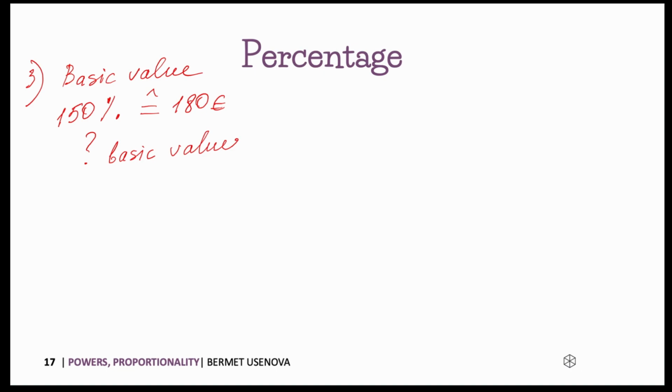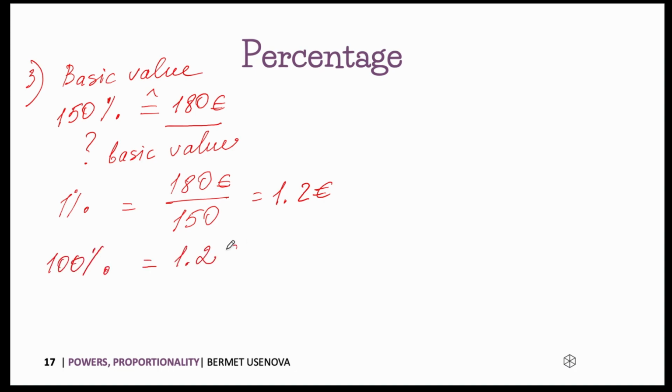So if 150% corresponds to 180 euro, then 1% of the basic value is 180 euro divided by 150, or in other words, 1.2 euro. If 1% corresponds to 1.2, then 100% will be 1.2 euro multiplied by 100, which is 120 euro.